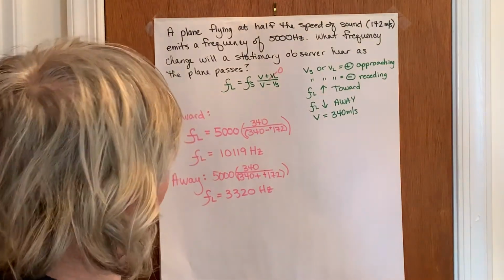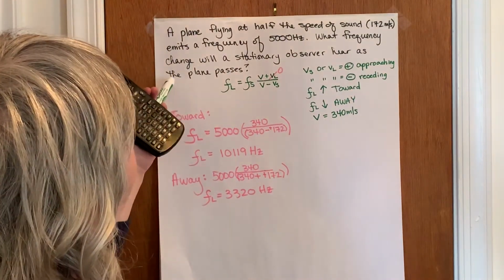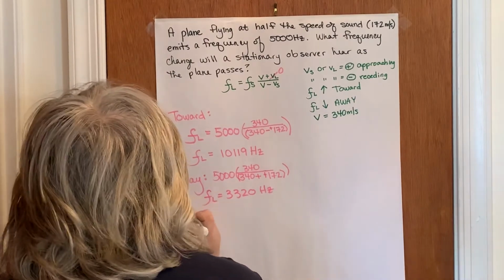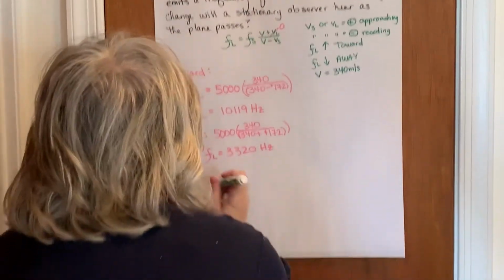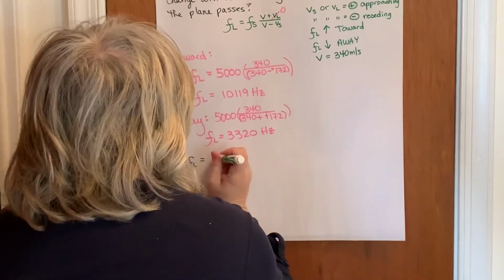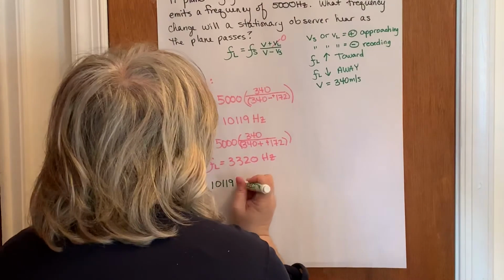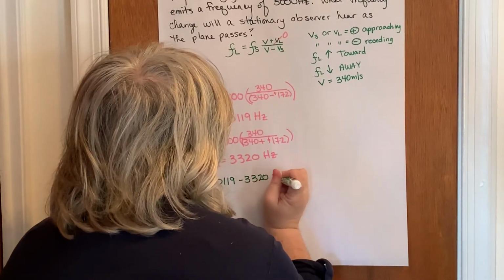All right, so now let's get the end of the problem. What frequency change will an observer hear? The change in frequency that our observer is going to hear is going to be 10,119 minus 3,320.